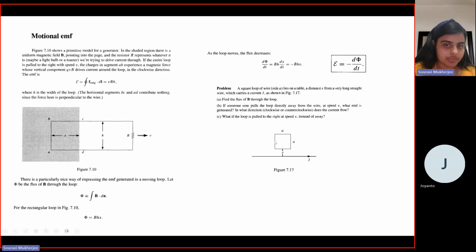So because of that, we will take small segments with some width ds along this.